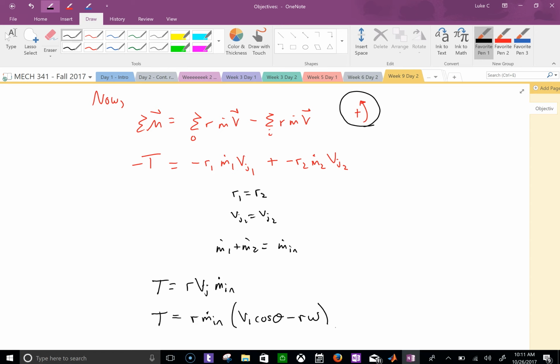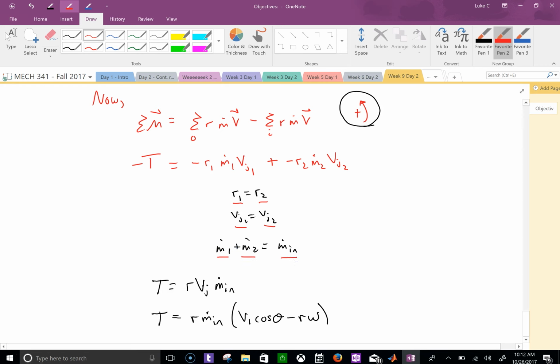Dr. Craig, could you re-explain? Right here? Yep. So we know the radiuses are the same, right? And we know that the velocity of the gas based on a reference frame has to be the same. And we know that m dot 1 plus m dot 2 equals m dot total.